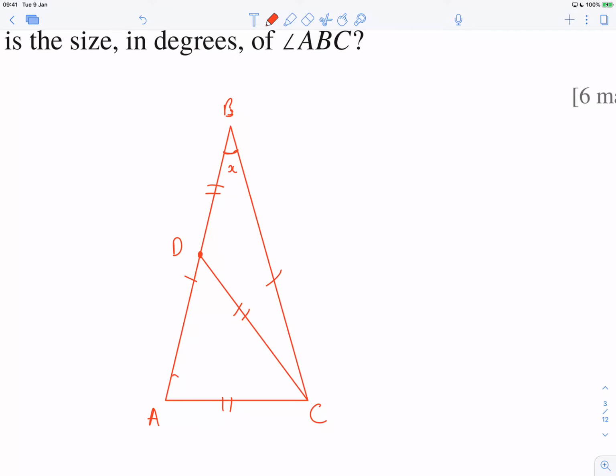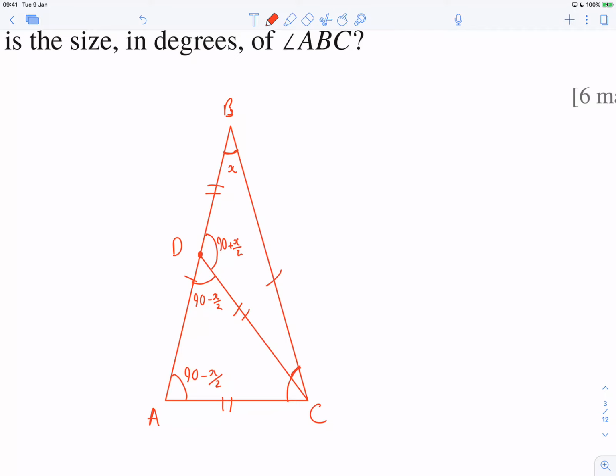So I can work out these base angles straight away, because it's 180 minus X and then divided by 2, so it's 90 minus X over 2. And now that means this angle here is 90 minus X over 2, because there's an isosceles at ADC. This angle is going to be 90 plus X over 2, because it's angles on a straight line.